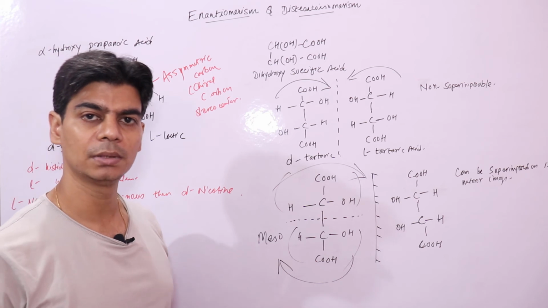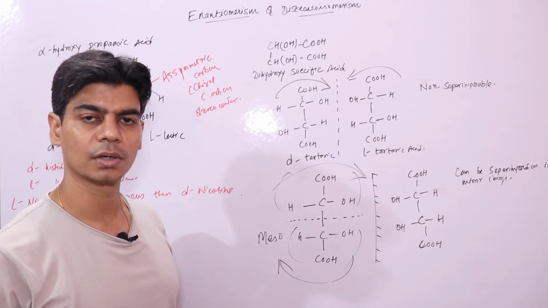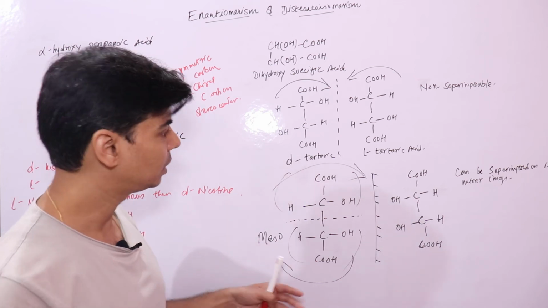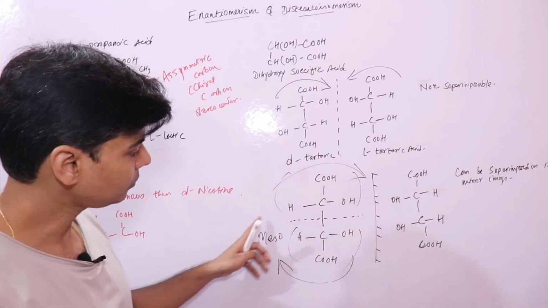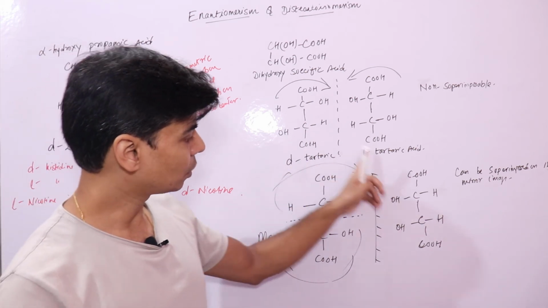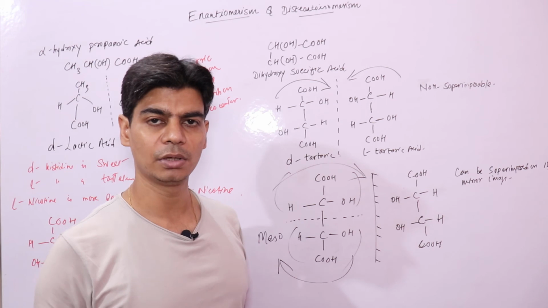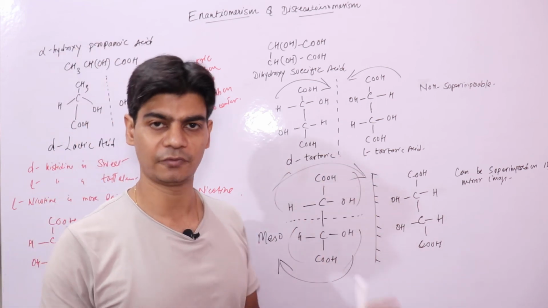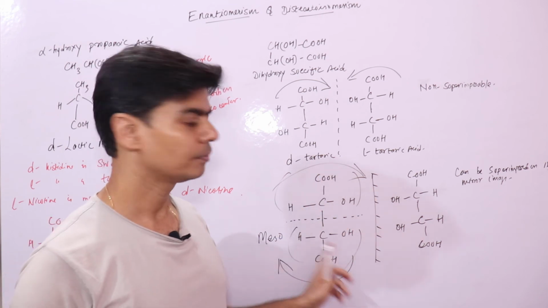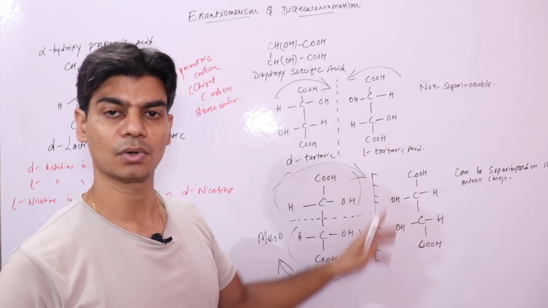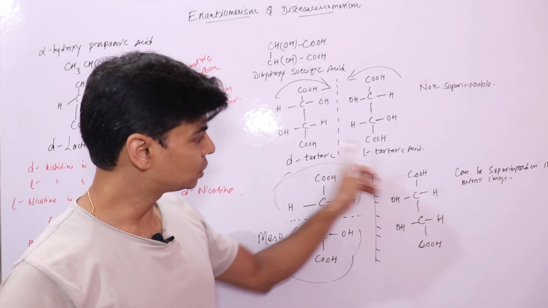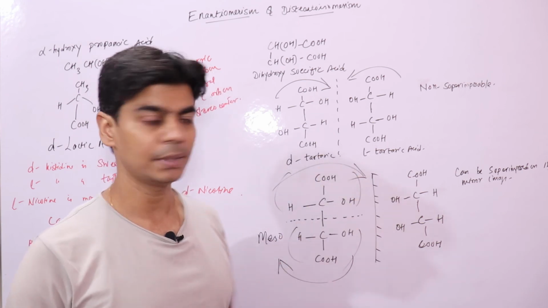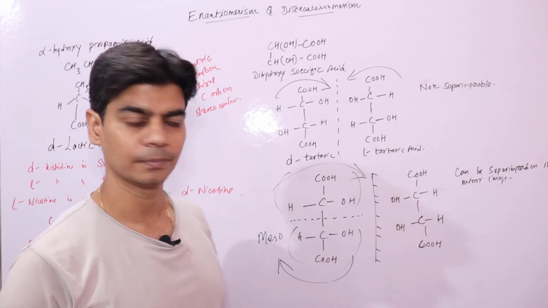If you remember the definition of optical activity, all three possess the same molecular formula, but their behavior towards plane polarized light is different. So we call these optical isomers, but these two are enantiomers because they are mirror images of one another.